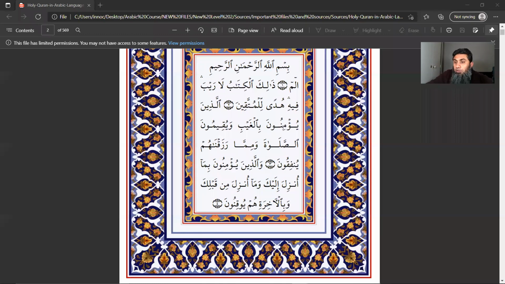Which fail? This yu'minuna. So yu'minuna bil ghaibi is a complete jumlatul failiya in which bil ghaibi is the muta'alliq bil fail, and it is playing the role of sila. Allazina is a mawsool. Yu'minuna bil ghaibi is the sila.